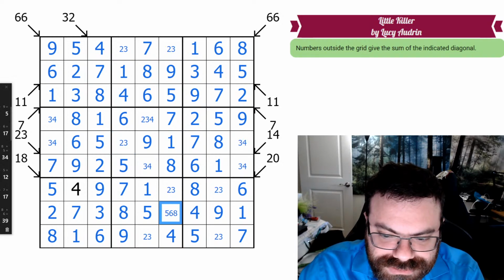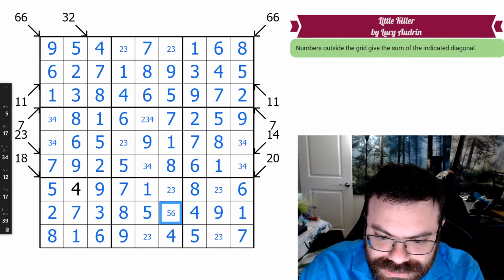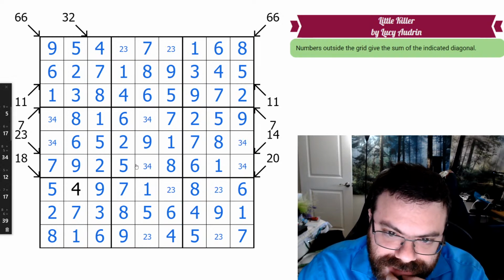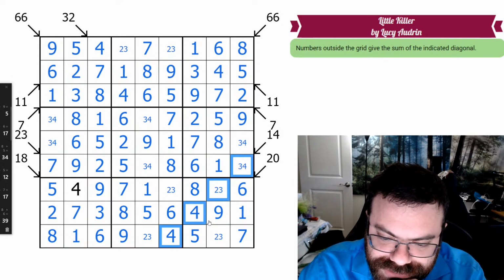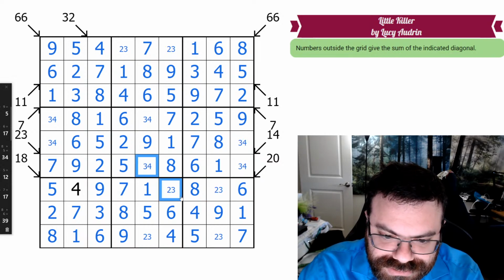That's an 8. 6. This can't be 2, so that's a 2. And I think the rest of this is probably resolved by the 14. Can't do 3, 3 because that breaks these guys, right?